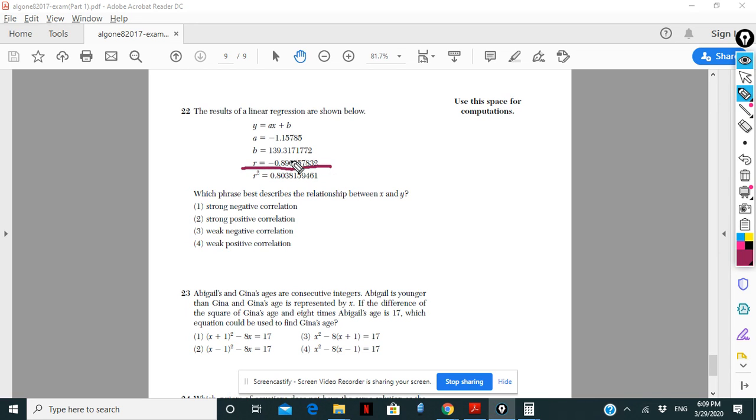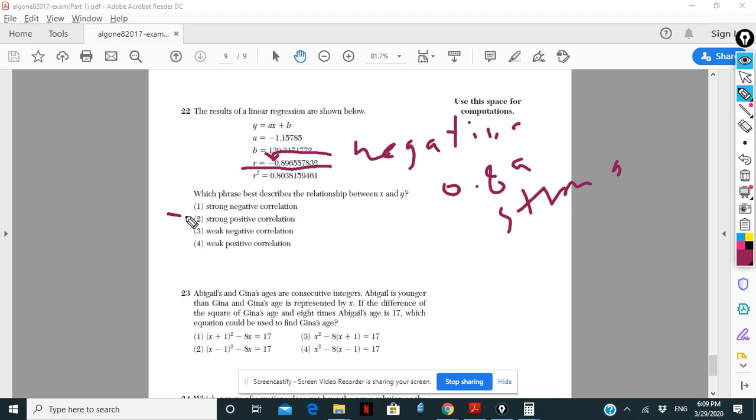So if you look, it's 0.89, which means strong, and it's a negative sign, so it's a negative correlation. And 0.89 means strong. So I'm picking number 1, strong negative correlation.